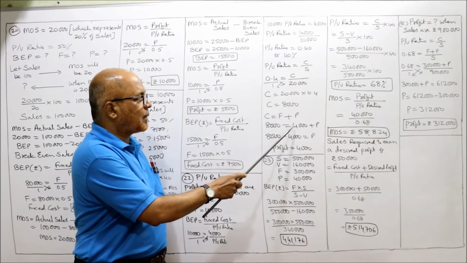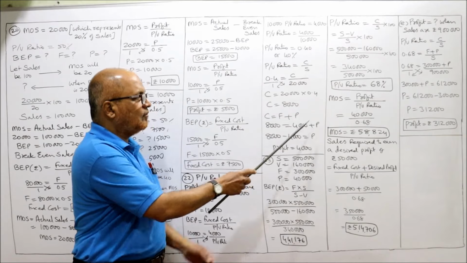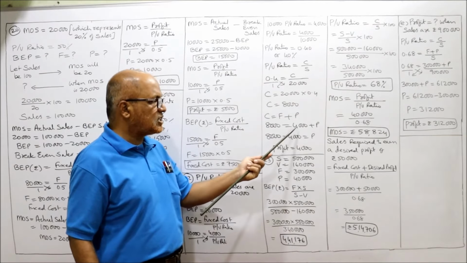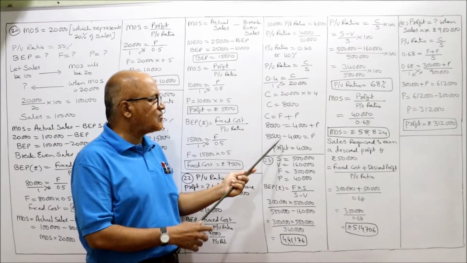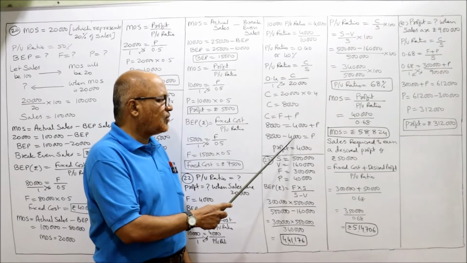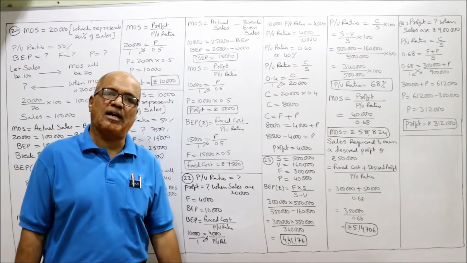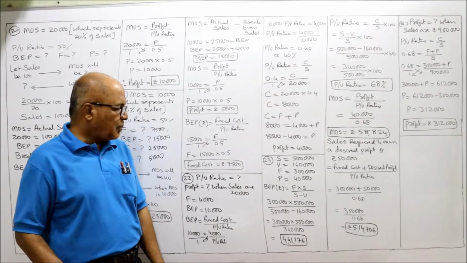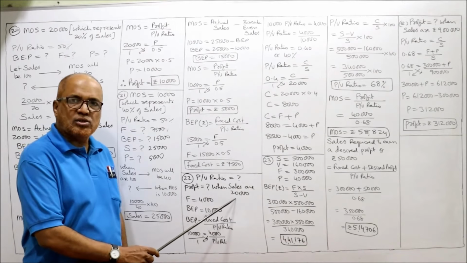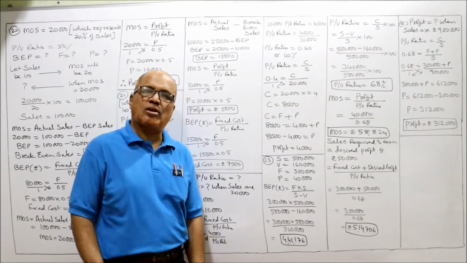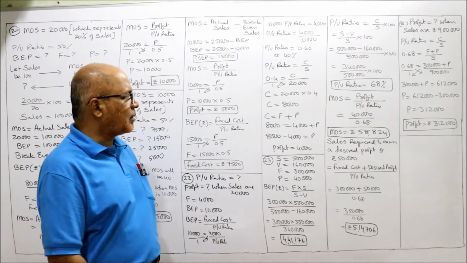Fixed cost is given in the problem, 4,000. Profit unknown, we have to find out. Bring this 4,000 to LHS, so this plus 4,000 will become minus 4,000. So 8,000 minus 4,000 is equal to P. Profit is equal to 4,000. So we can say when sales are 20,000, profit is 4,000. That's all. The 22nd problem is completed.